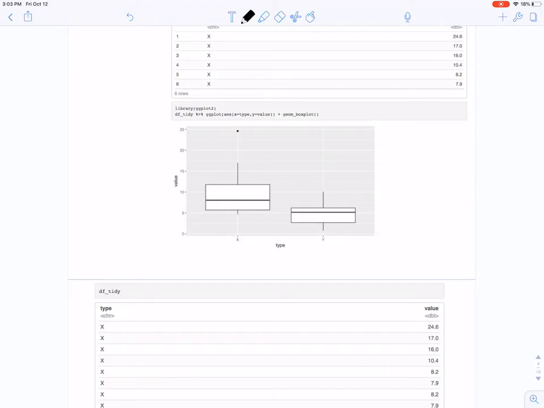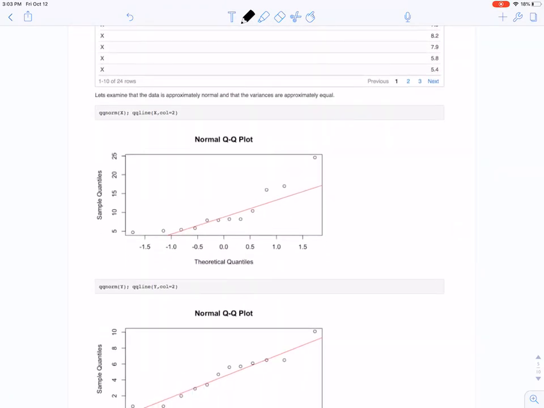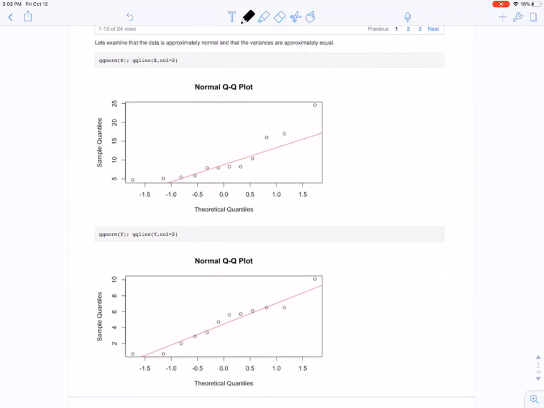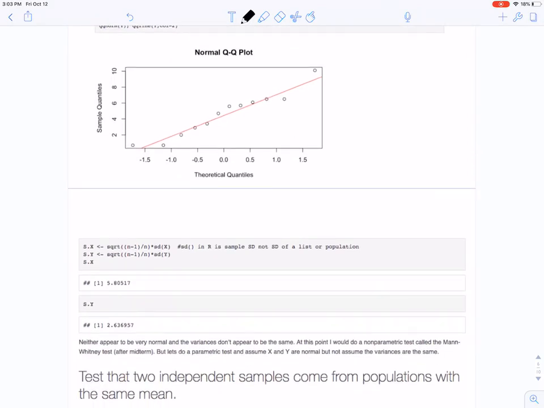It also looks like the standard deviations are different. I look at a QQ norm plot to see whether my data is approximately normal, and it should fall along a straight line, but that doesn't look so good for the x's here. And also the SD, I calculate that and they appear different.